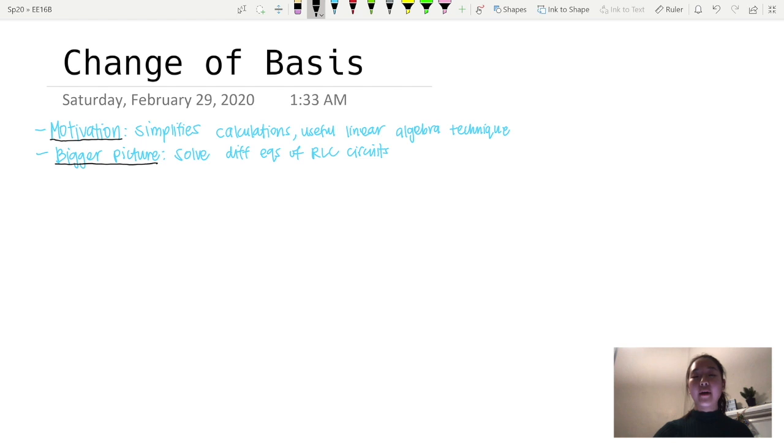Say you have this bunch of equations, this huge matrix, you will be able to change it into the appropriate basis, which we'll talk about more later on, and then do the calculations in that basis and then change it back. And this is helpful because the calculations will be simpler in that appropriate basis.